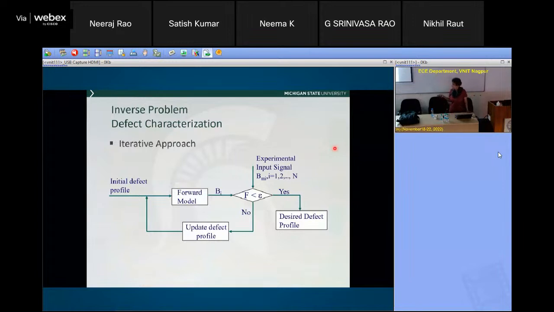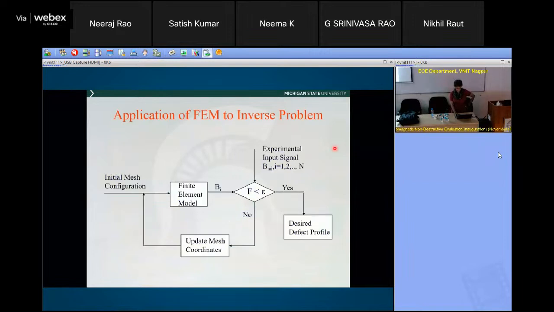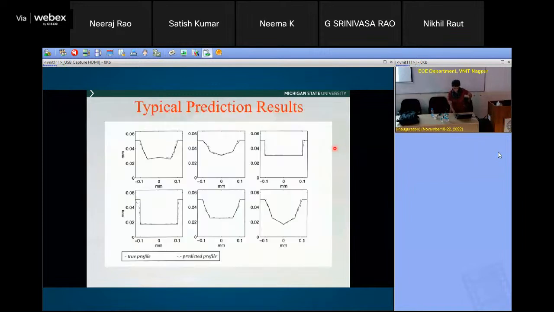But again, it is based on the physics, because this forward model tells me if my defect profile is here, this will be the experimental signal too. It takes an enormous amount of time, because each time, if the forward model is a 3-dimensional finite element model, it is going to be slow.